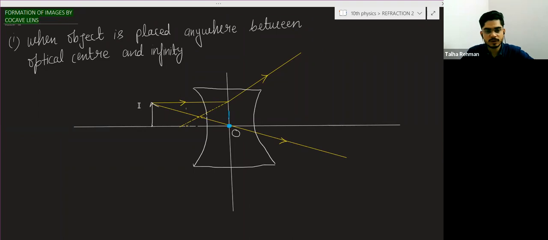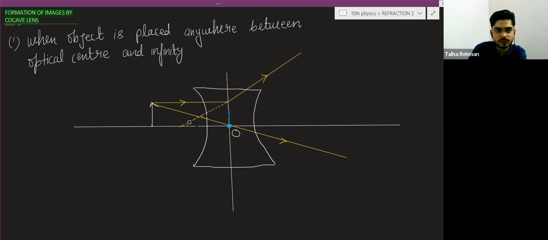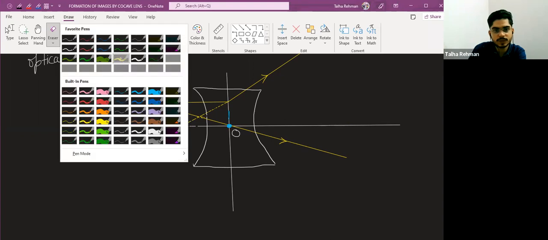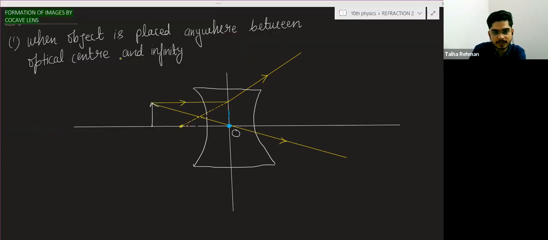Now I think you can understand. This ray is parallel, and from the lens after refraction, this ray will go like this, and we have just produced this ray in the backward direction. And according to the rules for the concave lens, this ray will meet at the focus.